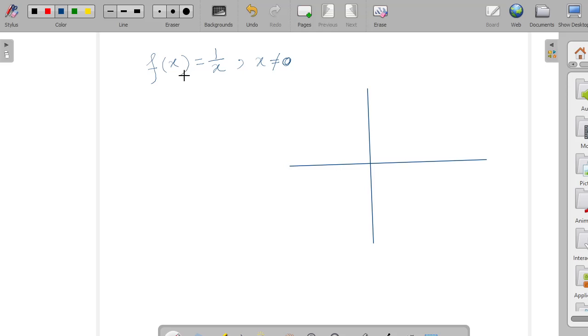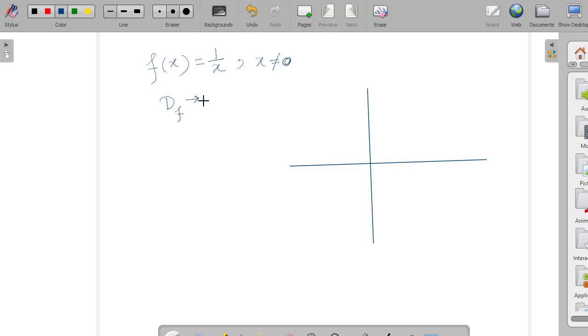As we can see, in this rational function 1 over x, we have a precondition that x cannot be equal to 0. So what we can say from here is that the domain of this function can take any real values ranging from minus infinity to infinity, obviously not included, except 0. 0 cannot be in the domain of the function, because at x equals 0 the function is not defined.